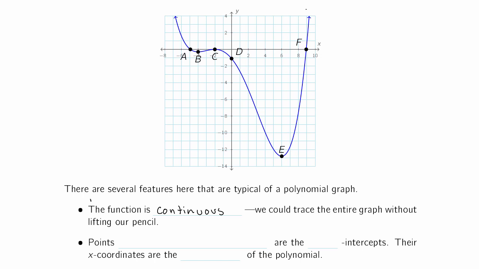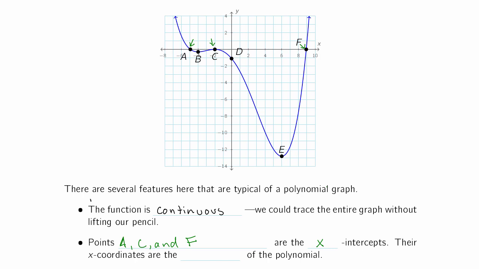Now, one of the sets of points we see is points A, C, and F. These are the x-intercepts of the polynomial. Now at the x-intercept, that's where y is 0.